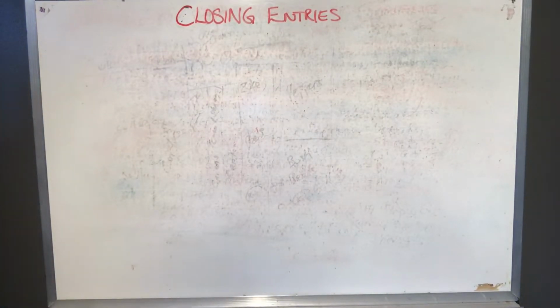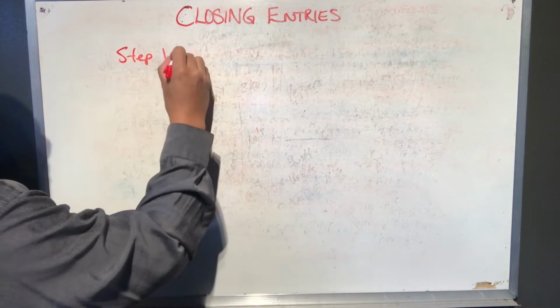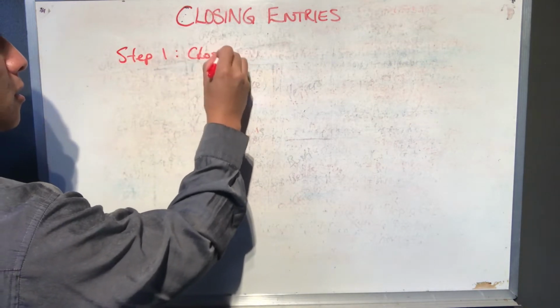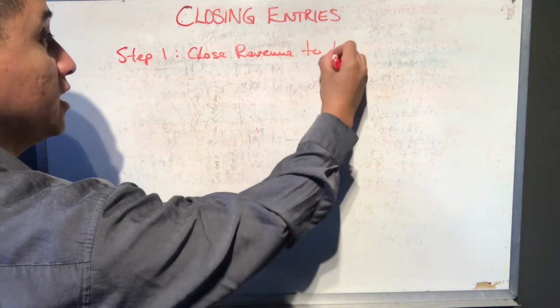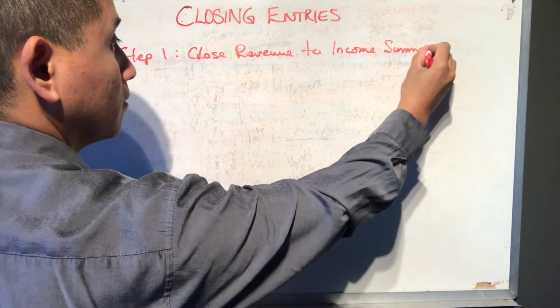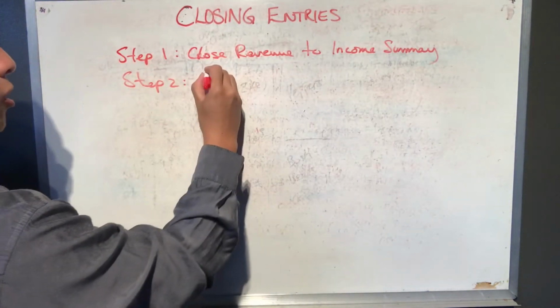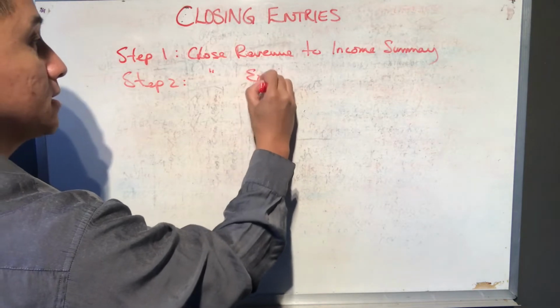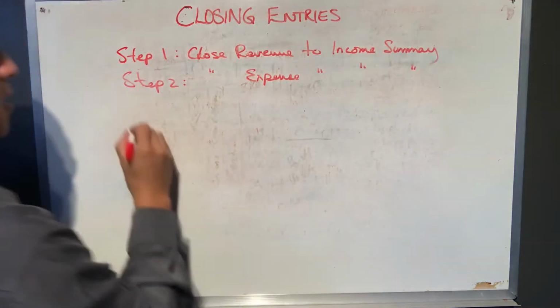So there are a certain number of steps that we're going to have to perform in order to close our accounts out properly. Step one would be to close our revenue accounts to income summary. Step two would be to close our expense accounts to the income summary.